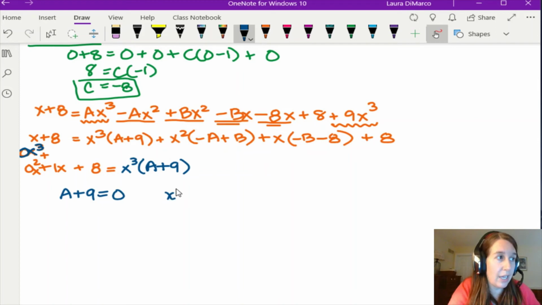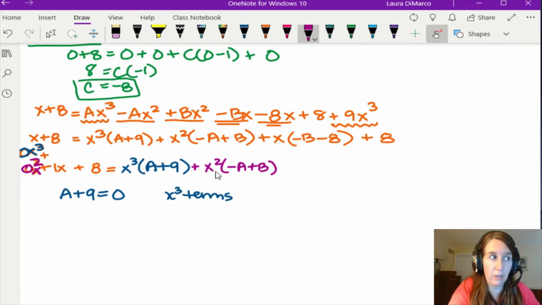That is just the x cubed terms compared. Okay, let's do another color for x squared. So 0x squared over on the other side is plus negative a plus b x squared, right? So on that one, that's 0 is negative a plus b.